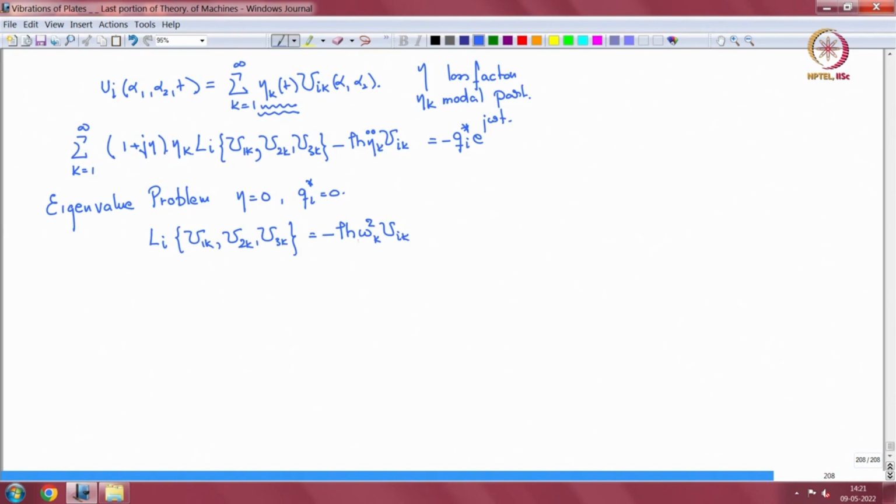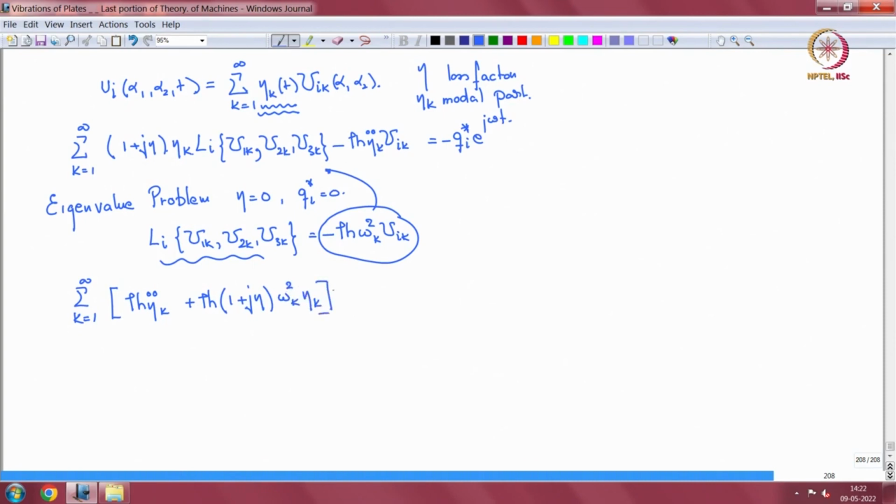So if we substitute this in the equation here, we will get finally the summation over k of rho h eta_k double dot, we are reversing all the signs now, plus rho h 1 plus j eta omega square k eta_k into u_ik, and that is q_i star.